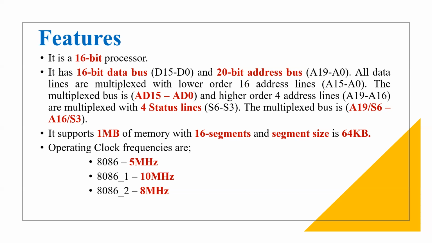That means at one time instant, these lines act as address lines. At some other time instant, these signals act as data lines as well as status lines. In most processors and controllers, we identify this multiplexing concept. The main reason behind using multiplexing is to reduce the number of pins or signals available in the processor IC.